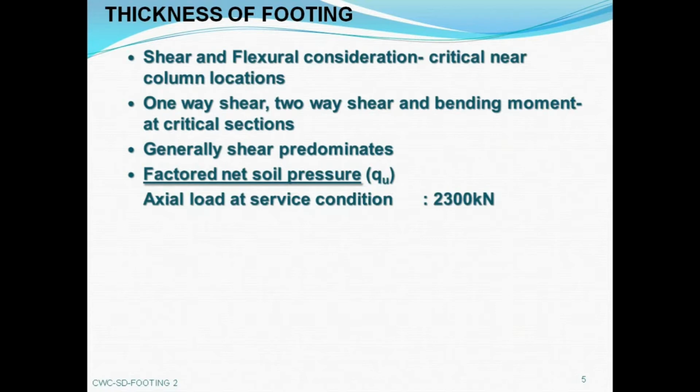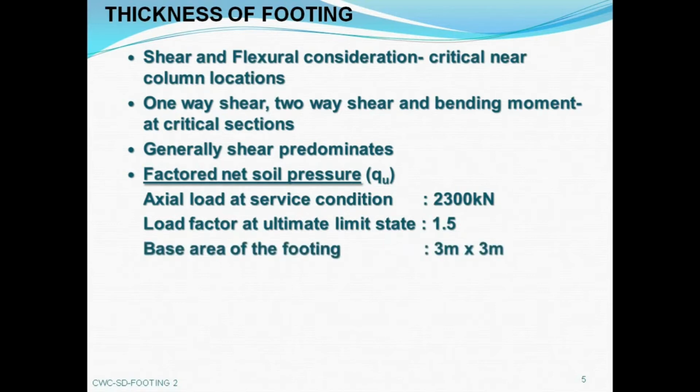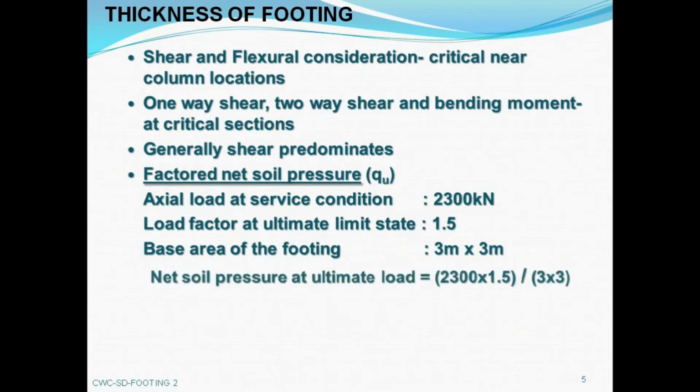We know the axial load at service condition is 2300 kN and load factor at ultimate limit state can be taken as 1.5. We know the base area of the footing is 3 meter by 3 meter. So, net factored soil pressure can be calculated as 2300 into 1.5 divided by 3 by 3.